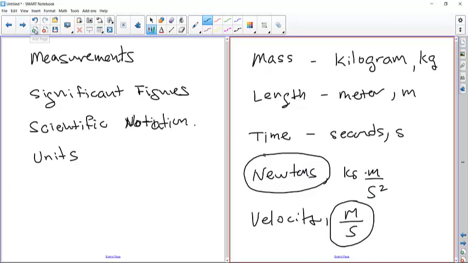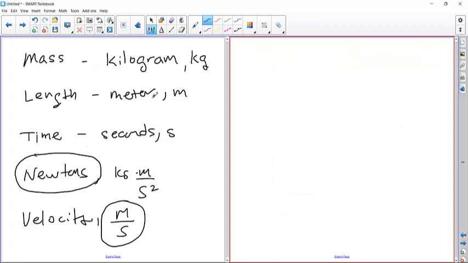Now, all of these units have a definition that is not based on a standard, like it used to be. A meter was a piece of material in France at a certain temperature, and that was the standard. It was an actual physical quantity, just like a kilogram used to be an actual physical piece of material. But nowadays, these are defined using things like the frequency of oscillation of a certain molecule.